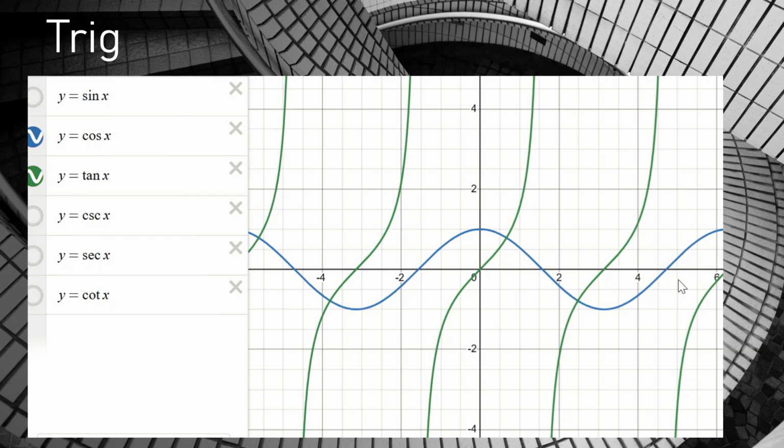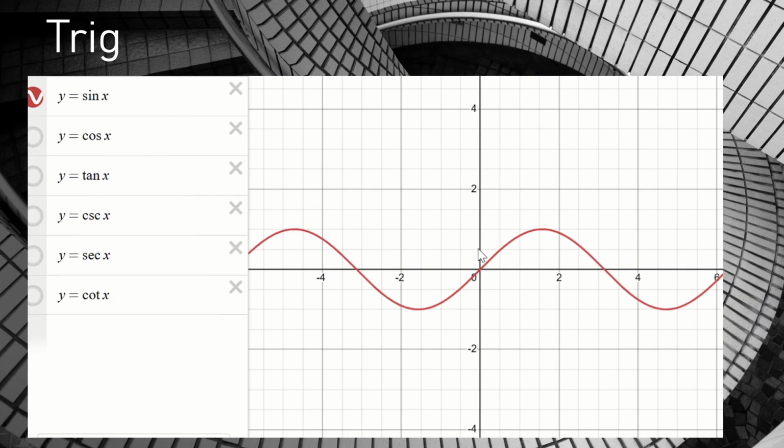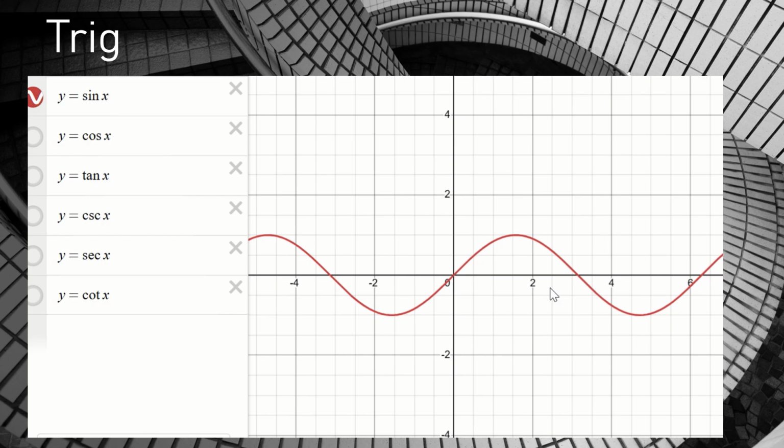Every place where the cosine is 0, your tangent function has a vertical asymptote. You have this repeated pattern. And notice how to get through, let's say, an entire cycle of sine, you have to go all the way over to, well, you can't quite see my pi over 2. There.